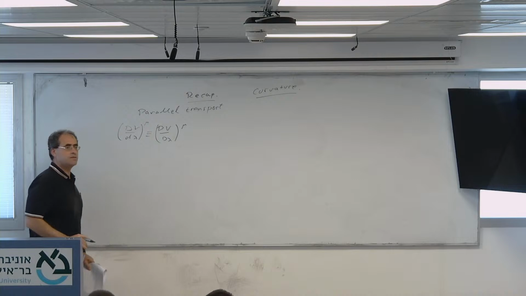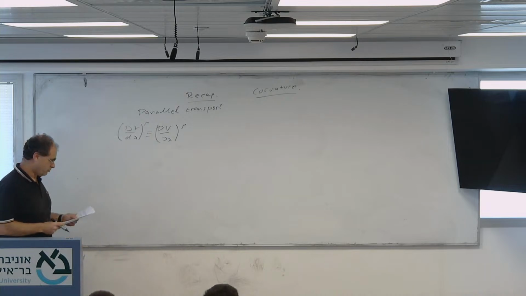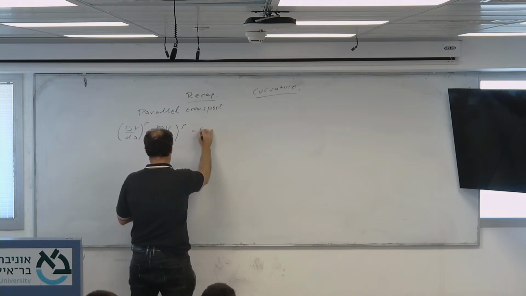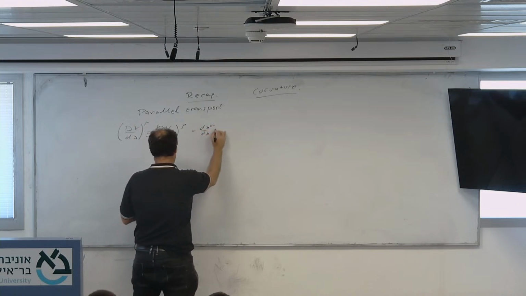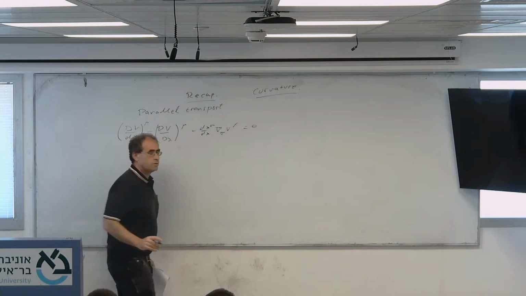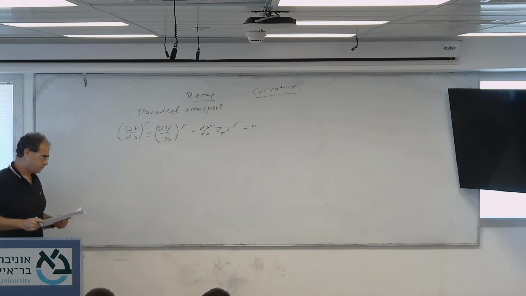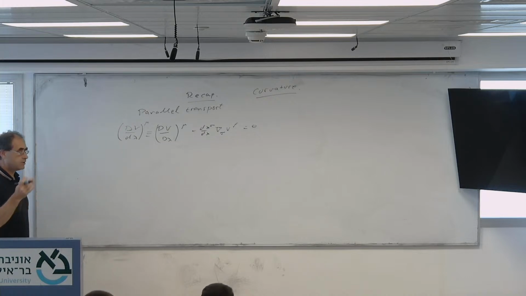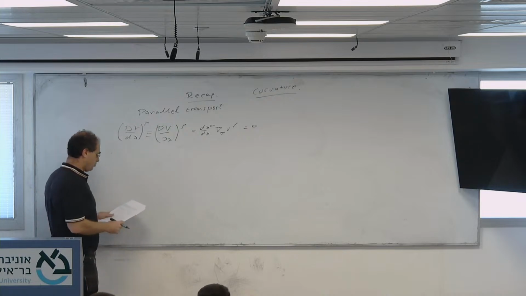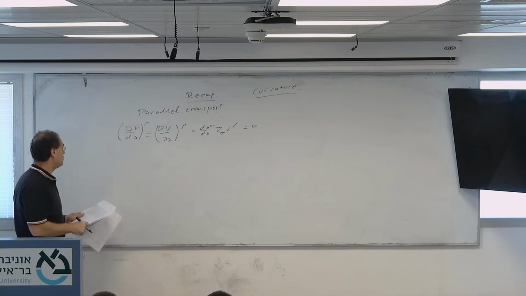That's also something you find in the literature, which is really dx^sigma over d lambda plus Gamma^mu_sigma nu v^nu equal to 0. That's the equation of parallel transport. And then we spoke about curvature and we defined the Riemann tensor.